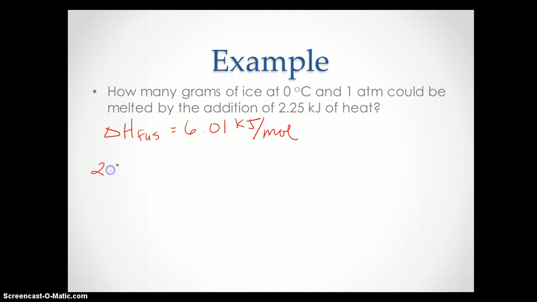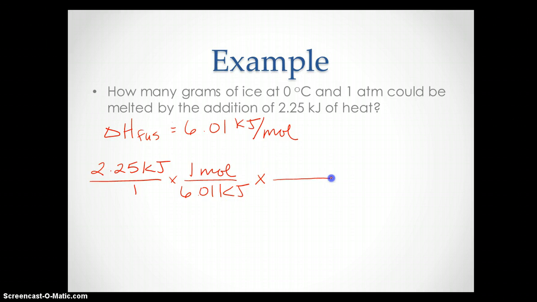So we're going to say 2.25 kilojoules over 1. We use our heat of fusion as our conversion factor. So for every 1 mole of water, it takes 6.01 kilojoules to melt it. And now the question asks how many grams. So our kilojoules have canceled. How do we convert from moles to grams? We use the molar mass.